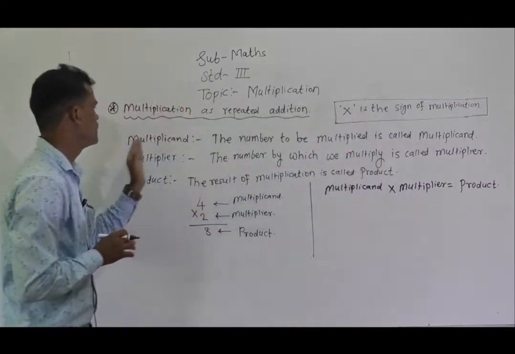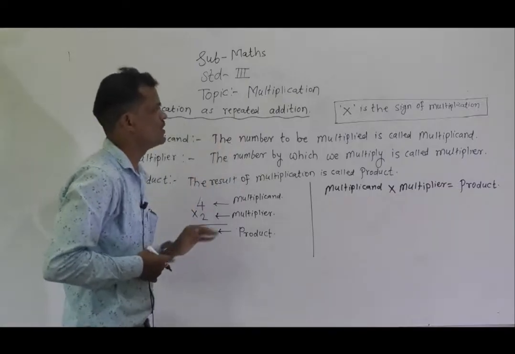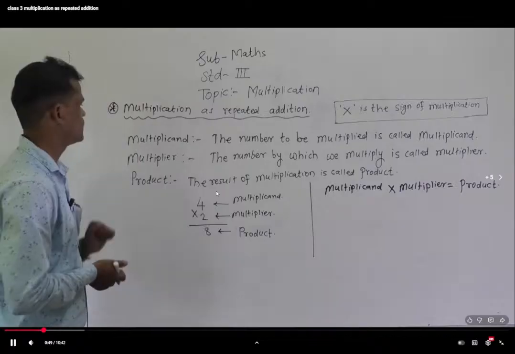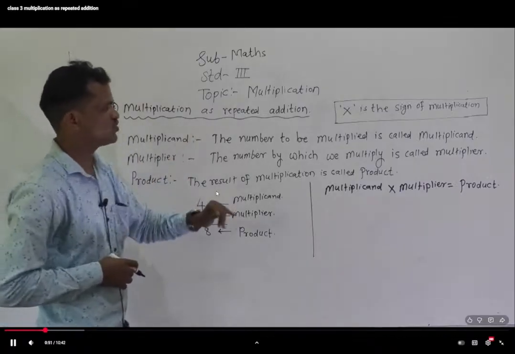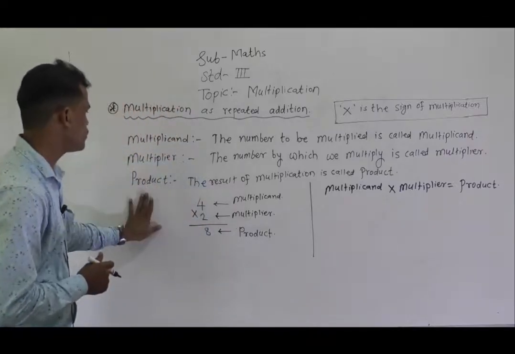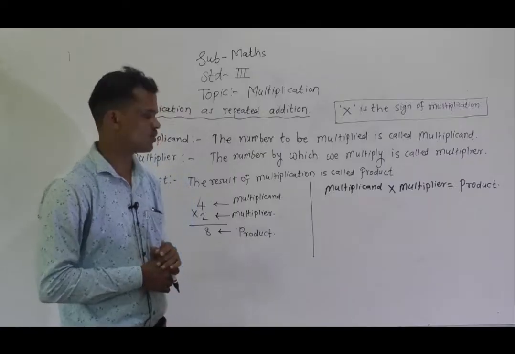Multiplicand. What is meant by multiplicand? The number to be multiplied is called the multiplicand. Multiplier, the number by which we multiply, is called the multiplier, and product, the result of multiplication, is called the product.